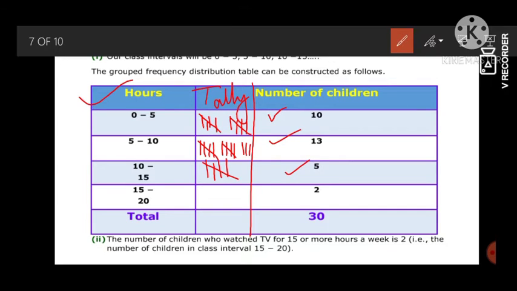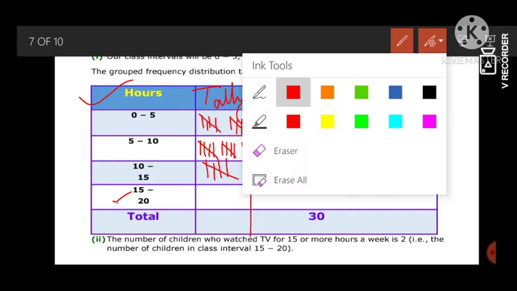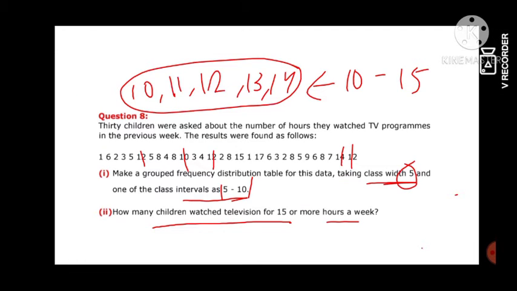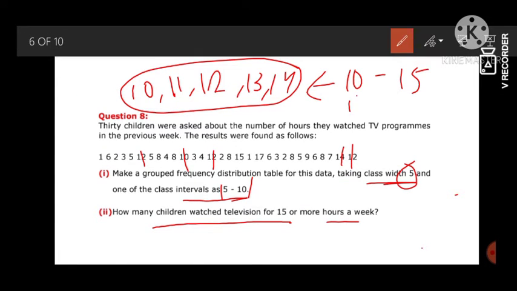Lastly, we have 15 to 20, this group. For this group, we will consider the numbers 15, 16, 17, 18 and 19. We will not consider 20, only these numbers.